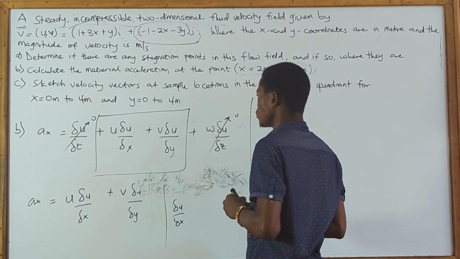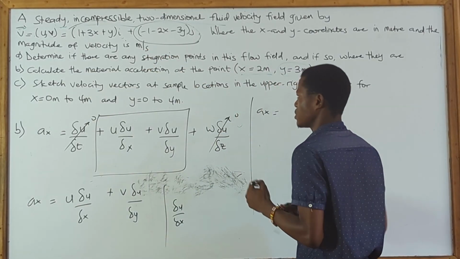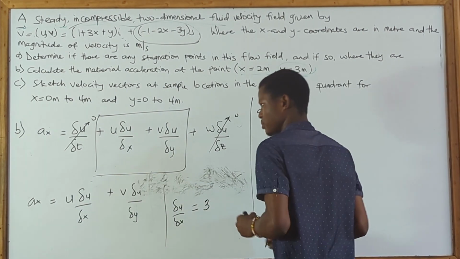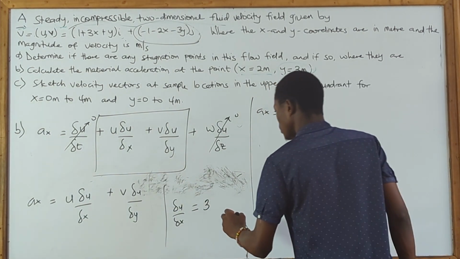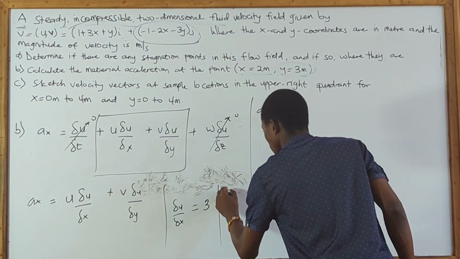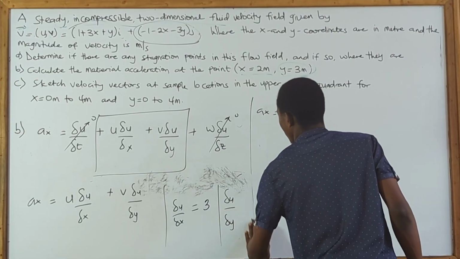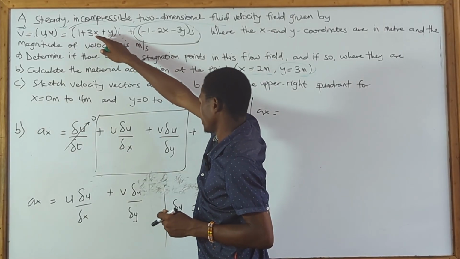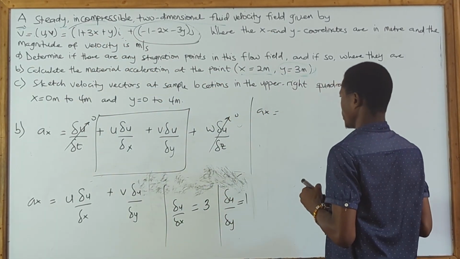If we differentiate this equation with respect to x, we are going to get our du dx to be equal to 3, and for du dy, if we differentiate the same thing with respect to y, we are going to get 1.